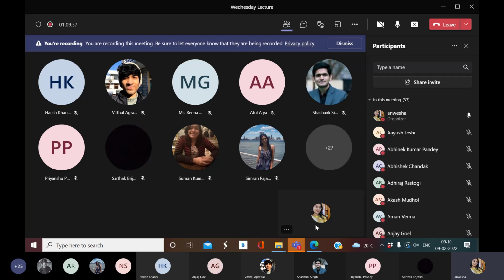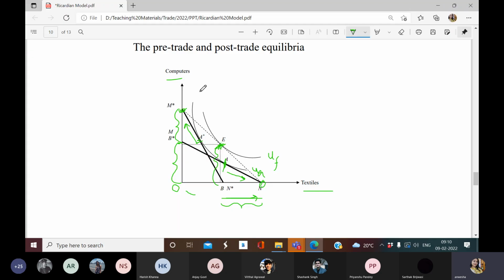So the home country has to now produce both the goods, and then we'll show that if the country is not completely specialized, such a large country will not enjoy any gains from trade, because here the gains from trade come from the post-trade prices being different from the pre-trade prices.